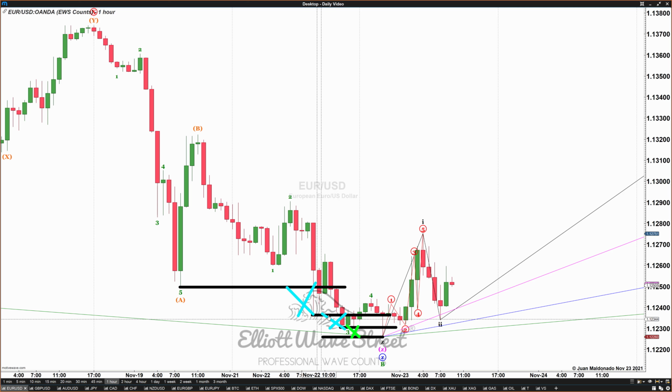They are absorbing everything. So because they are doing this absorption, it means that the volume is likely to be low.